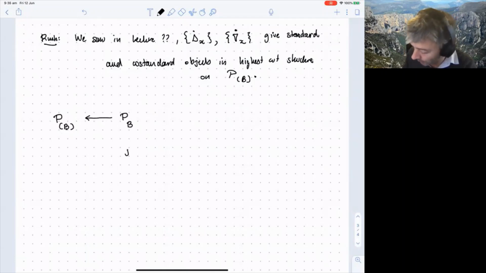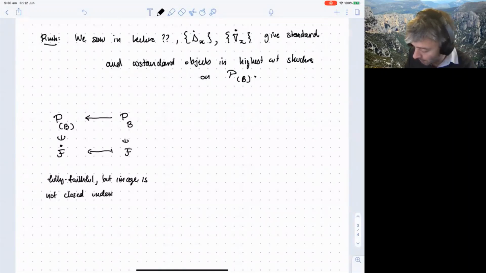So this is forget equivariance, and this is fully faithful. But the image is not closed under extensions.